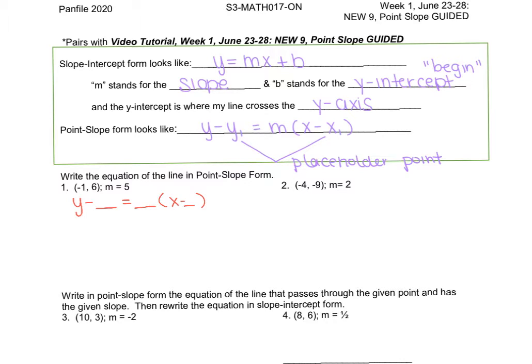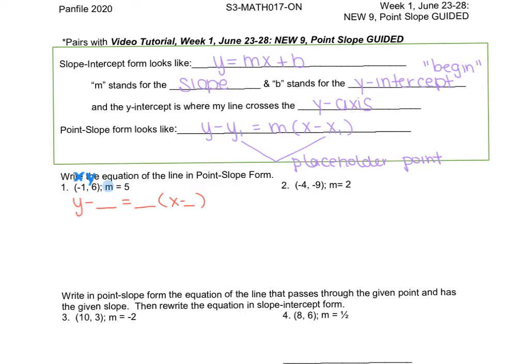Now, what you're given is an x and a y and an m. So we can place them in, and the biggest thing to remember is you have x, y in that order, and then in point slope form they start with the y.